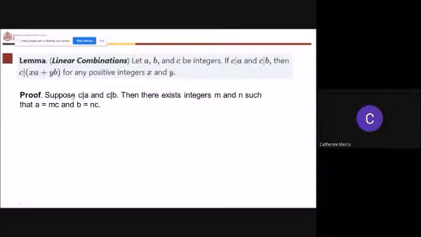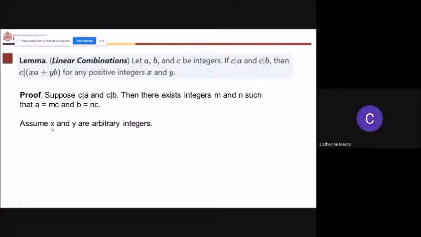Suppose c divides a and c divides b. We make use again of the definition. Then there exist integers m and n such that a is expressed as m times c, and b is expressed as n times c, where m and n are integers.